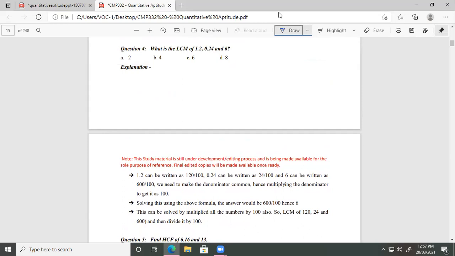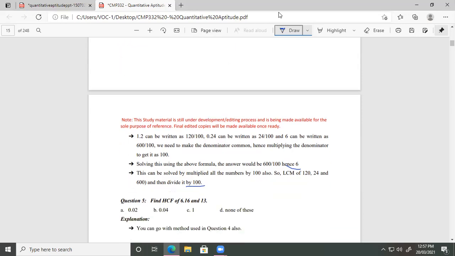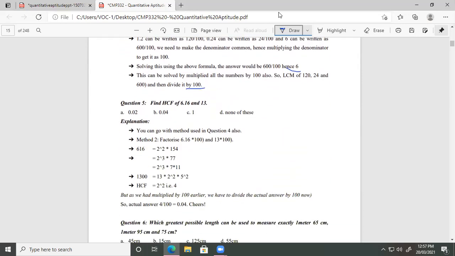Solving this using the above formula, the answer would be 600 by 100, that is 6. This can also be solved by multiplying all the numbers by 100. So LCM of 120, 24 and 600, then divided by 100. So you can go with the method used in the earlier question also.